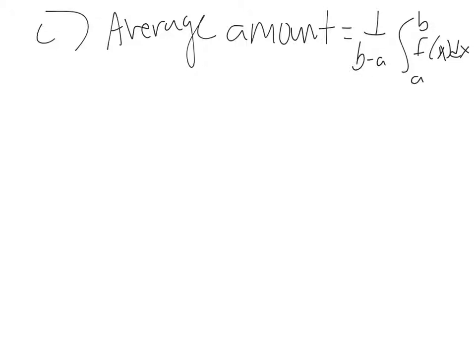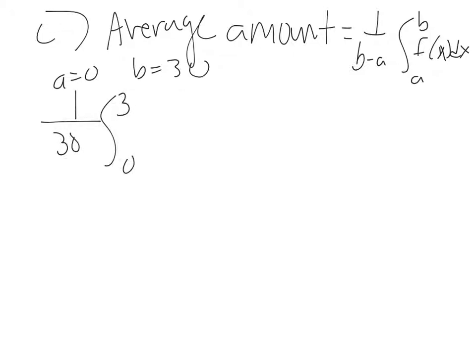Okay, but we want the time where this guy equals it, so what are a and b? A is 0, b is 30, right? We're going from 0 to 30. So it'd be 1 over 30 of A of t dt. We want to know when is that equal to the actual amount of grass clippings that are in the bin.